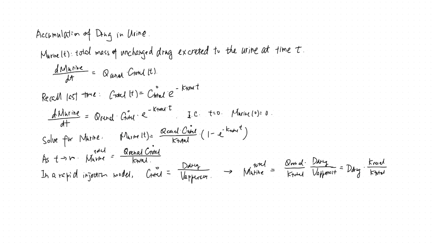So the ratio K renal divided by K total is the fraction of contribution by the renal pathway. That means this fraction of the drug taken in the entire body goes into the urine, which gives M urine total.